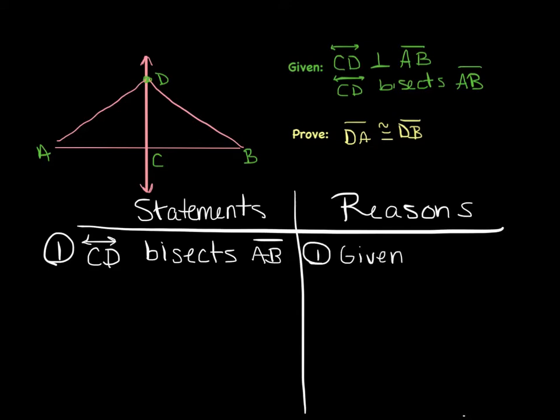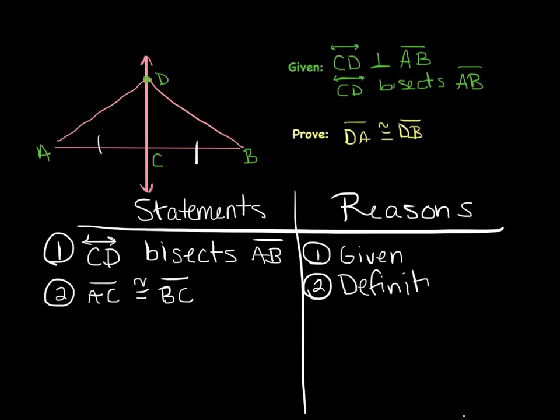And because it's given and that it bisects, I can say that AC is going to be congruent to BC. Put that into our diagram, and our reason is going to be definition of segment bisector.